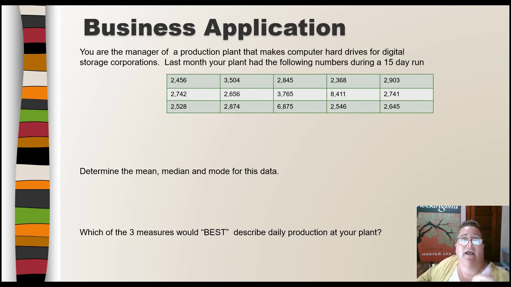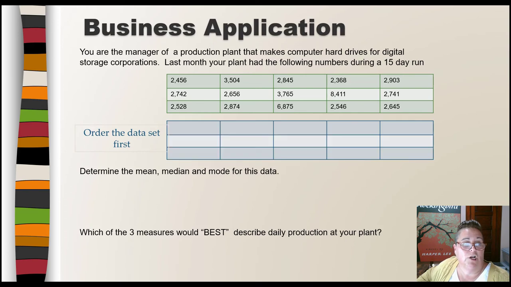Now, in order to be able to work with the data, one of the first things we want to do is to go ahead and put it in order. So I'm going to order this data. I'm going to go quickly, but I hope you can see that this can be one of the most painstaking parts and one of the biggest traps.